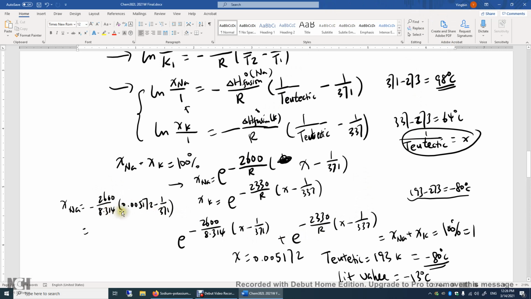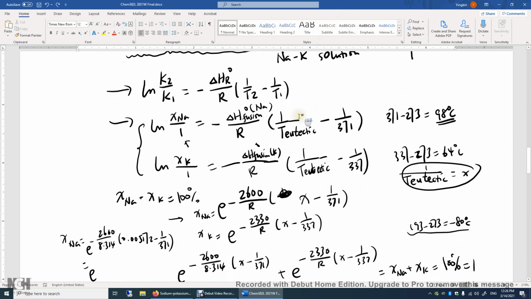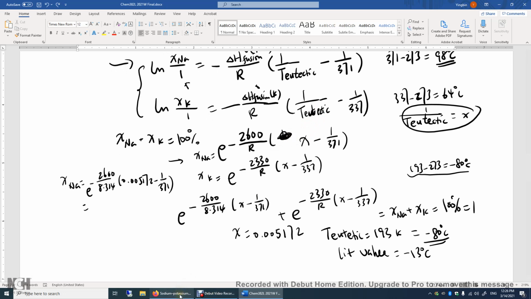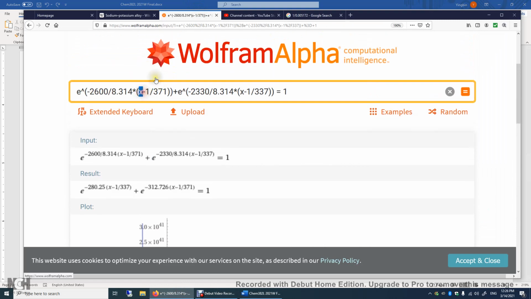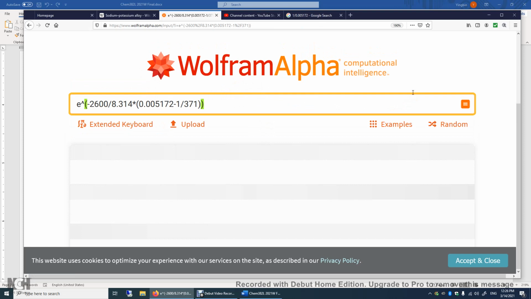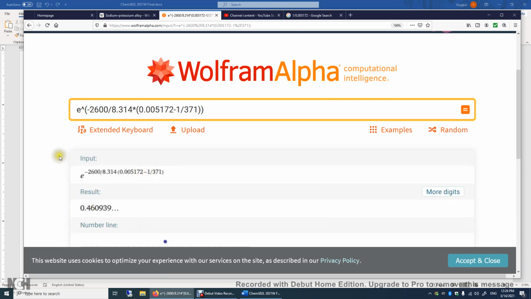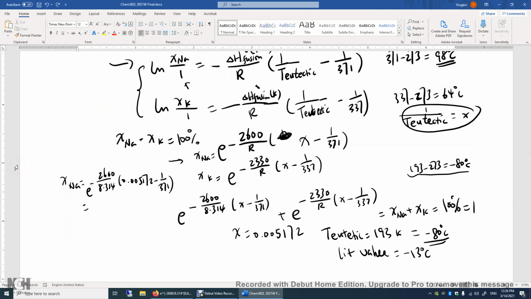I'll again enter this equation into Wolfram Alpha. Okay, Wolfram Alpha. Okay, this is the mole fraction of sodium, 0.461. We can also compute the mole fraction of potassium using the second equation for potassium.